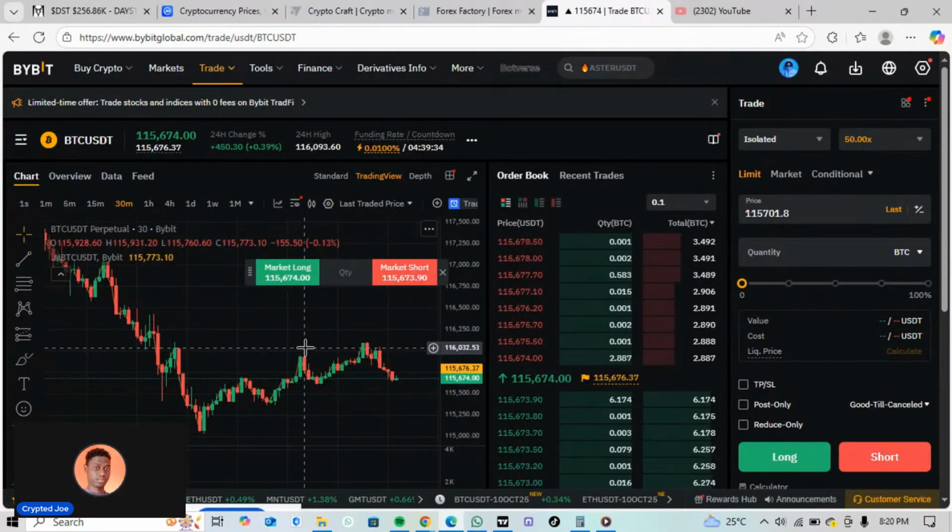We will cover how to enter a trade on Bybit, how to manage it through stop loss and take profit, making sure that you use the right leverage on isolated as a beginner.